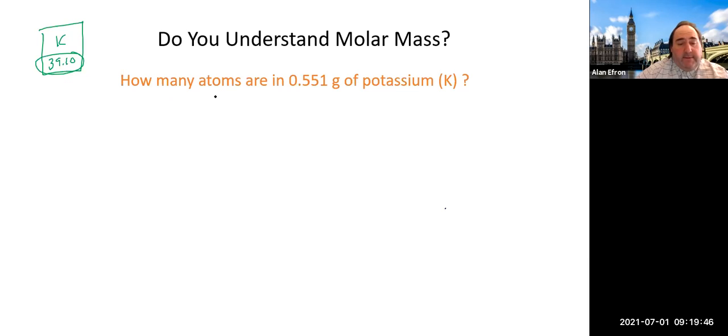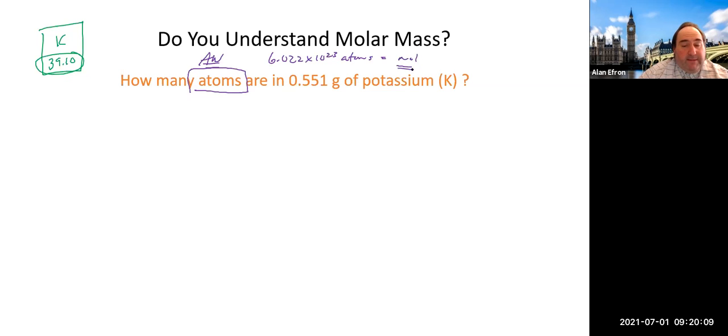Okay, so let's take a look at this one. How many atoms are there in 0.551 grams? So the key word here, we see atoms. So that means we do need to use Avogadro's number in this case. So remember that is, again, 6.022 times 10 to the 23. In this case, we will use atoms per mole.